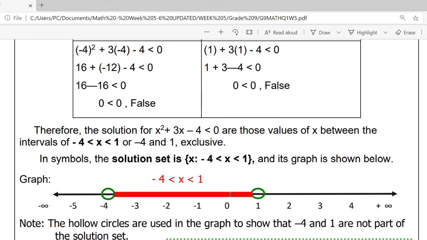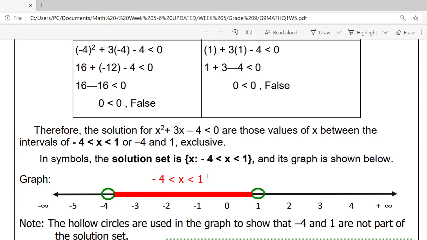All the numbers in the middle are solutions to the quadratic inequality, because if you try any number here in the given quadratic inequality, the answer is always true. So these are the only solutions.